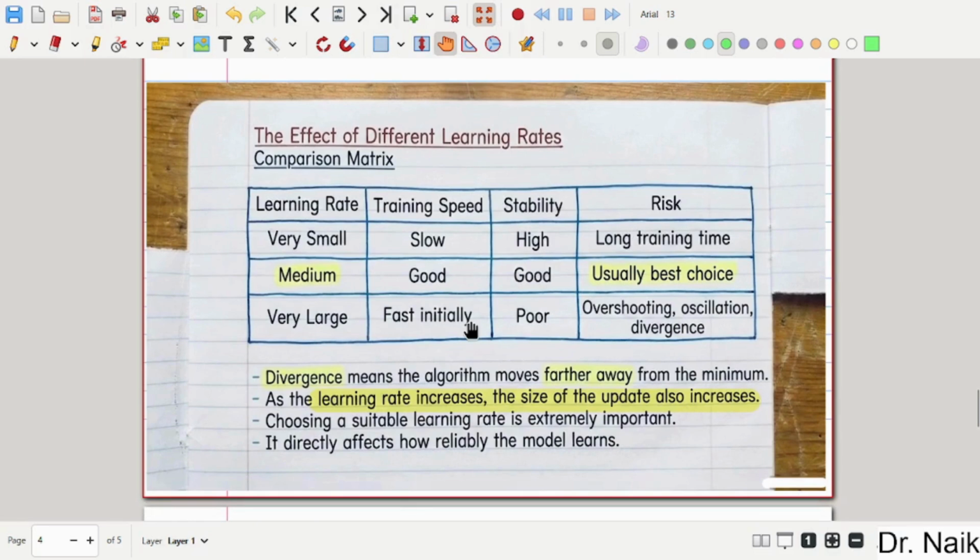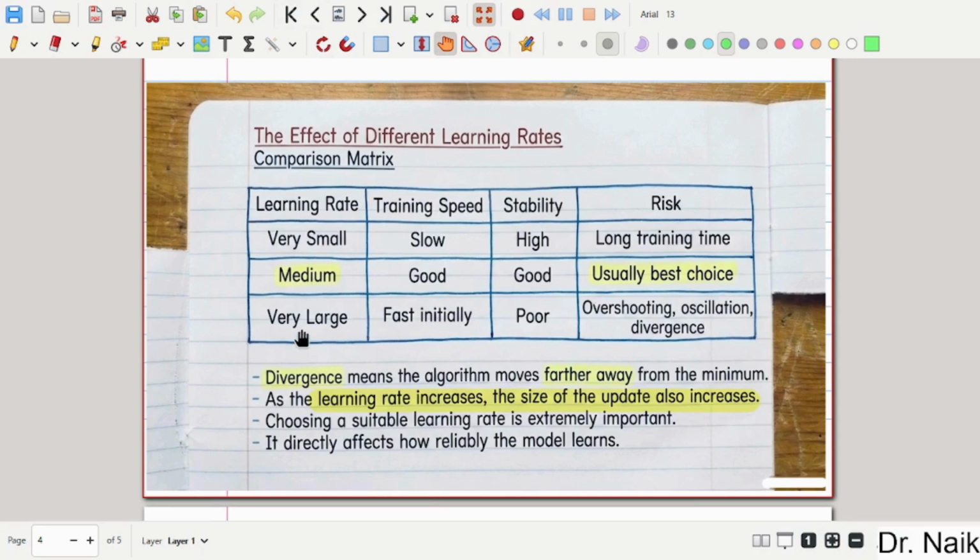So, the effect of different learning rates. If the learning rate is very small, then training speed is very slow, but stability is high, and the only risk is long training time. If the learning rate is moderate, then training speed is good and stability is also good, and it is usually the best choice.